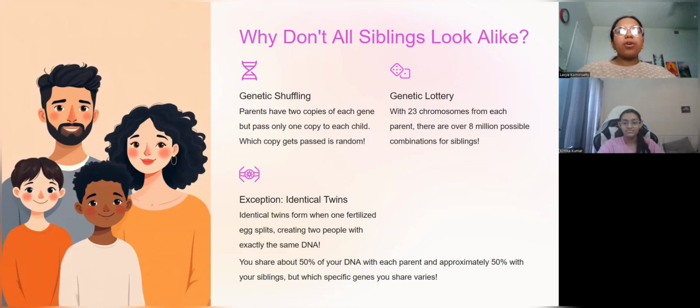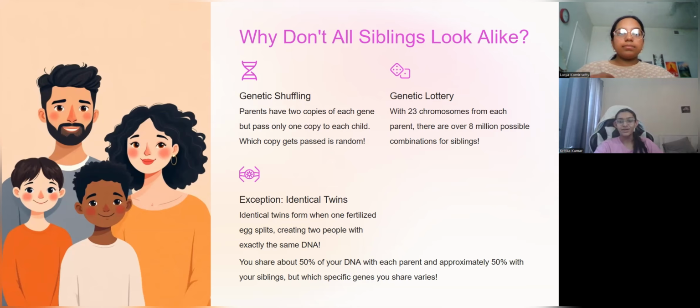Identical twins form when one fertilized egg splits, creating two people with the same exact DNA. You share about 50% of your DNA with each parent and approximately 50% with your sibling. But which specific genes you share varies.